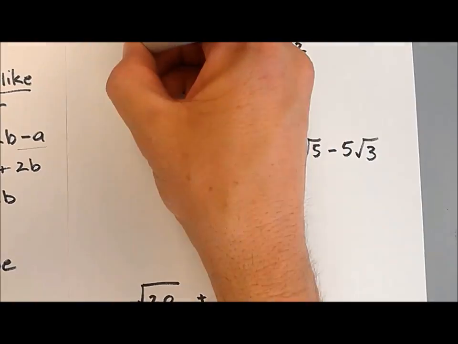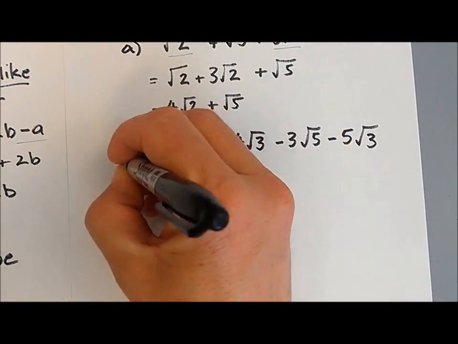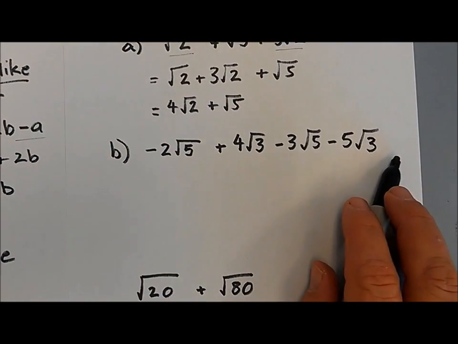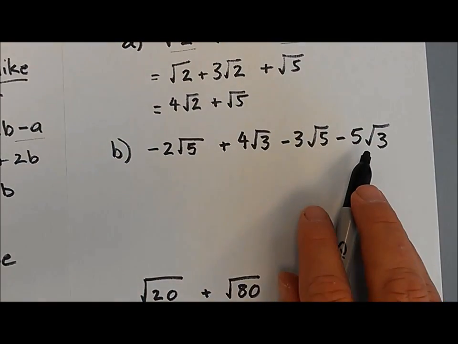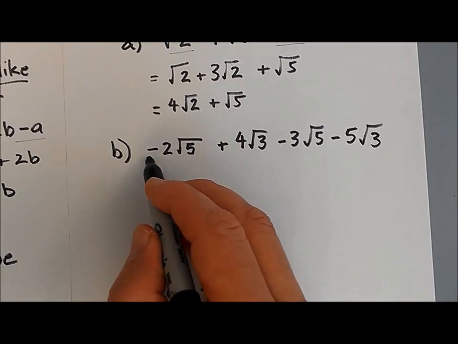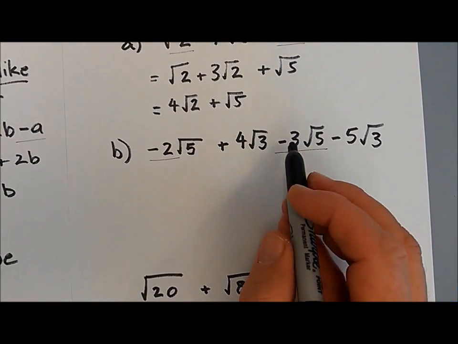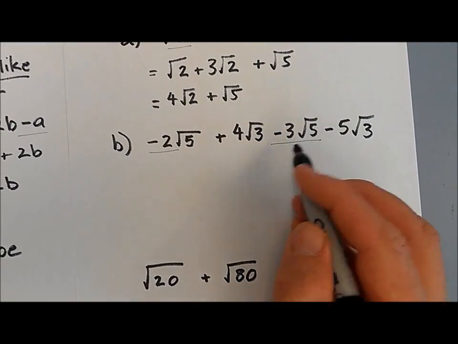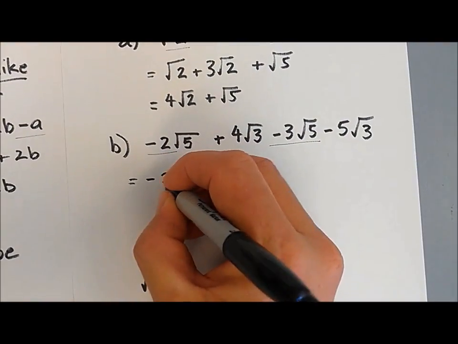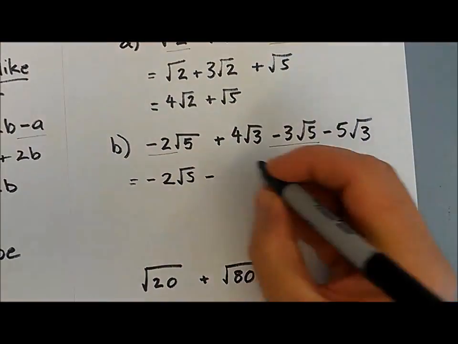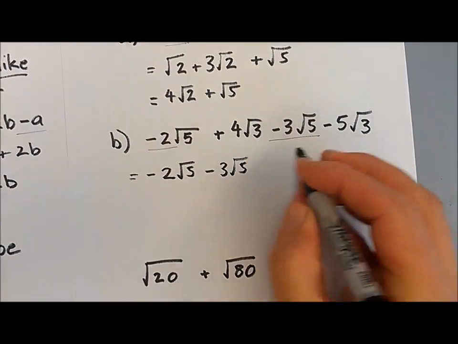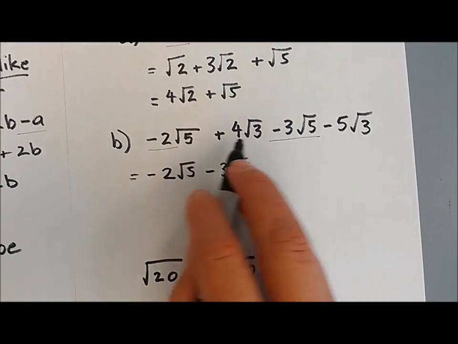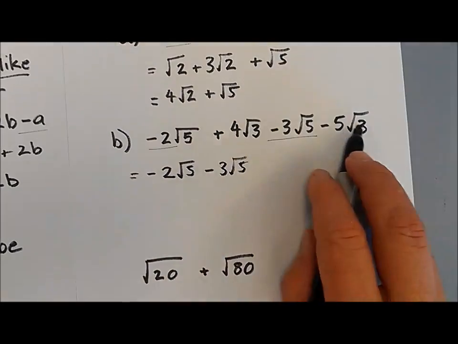So when I have something like this, then again I need to collect my like terms, just like I would in algebra. I look at it and say I've got this and I've got this. The negative sign belongs to the term that's off to its right. So I'd rewrite it as negative 2 root 5 minus 3 root 5. That's that set of like terms. I have this set of like surds here as well.